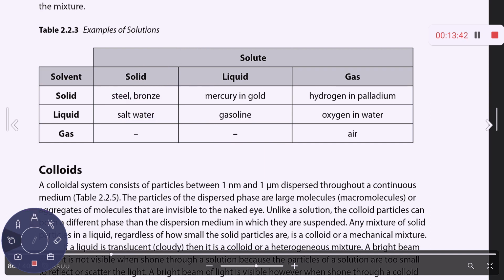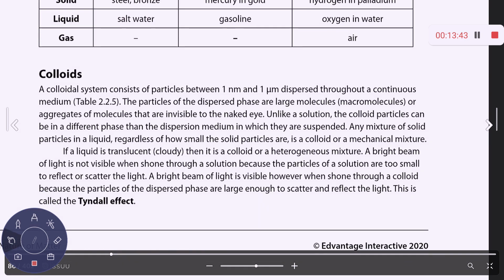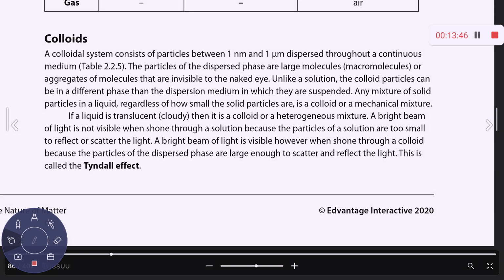Okay, colloids have larger particles dispersed throughout them. You may want to read through this later. If you've got a liquid that is cloudy, then it is either going to be a colloid or a heterogeneous mixture. How would I tell the difference? Shine a light through it.